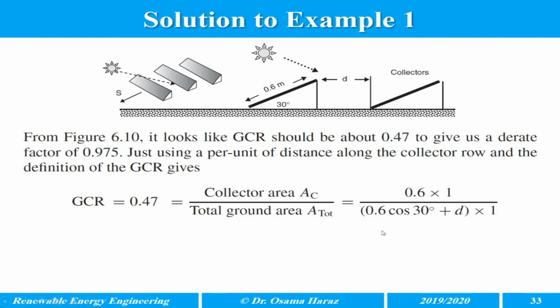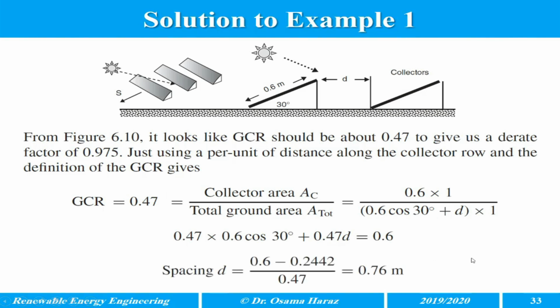We need to multiply this by 1, the other dimension that is not shown in this figure. Once we know GCR, the only unknown is d, so from this equation we can find d. The spacing between the collectors should be 0.76 meter or 76 centimeters to achieve this shading derate factor as given in this example.